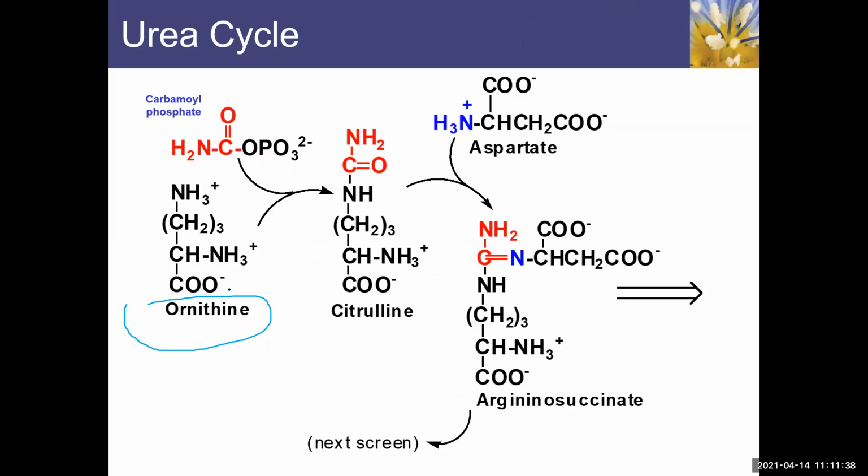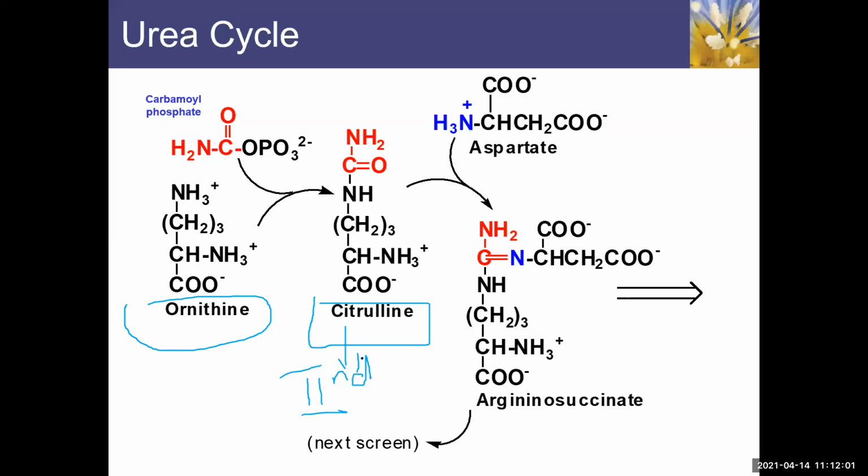These two will combine, it's a condensation reaction, and it will result in the formation of the second reaction compound, which is called citrulline. So the question says, which compound is citrulline? So this is the second product produced in the urea cycle, citrulline.